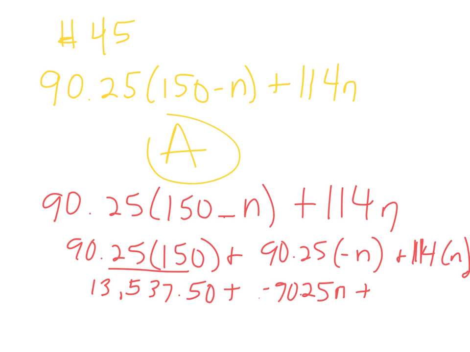And plus the 114N. Then we can figure out how to redistribute this N here by pulling it out, kind of working backwards, and then we can solve for this.